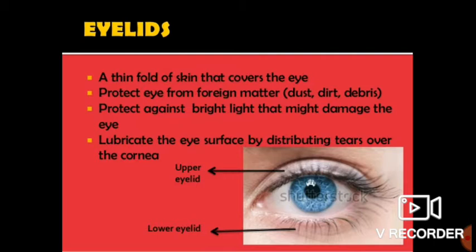Lubricate the eye surface by distributing tears over the cornea. You can see in the picture also upper eyelid and lower eyelid.